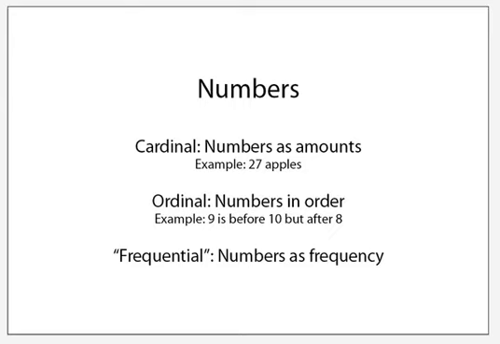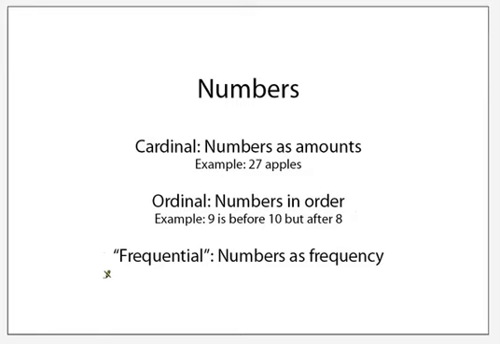They can represent different things. Cardinal numbers are numbers as amounts. Ordinal numbers are numbers that put things in order. For example, 9 is before 10, but it's also after 8. There's an order to it.